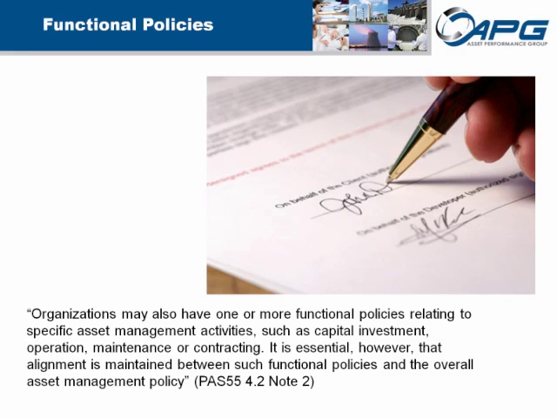They follow the same structure, they follow the same criteria, however their scope is just a little more limited and more specific to that activity. We recommend that functional policies that are part of the overall asset management policy be included within the asset management documentation so that we have one place to go.